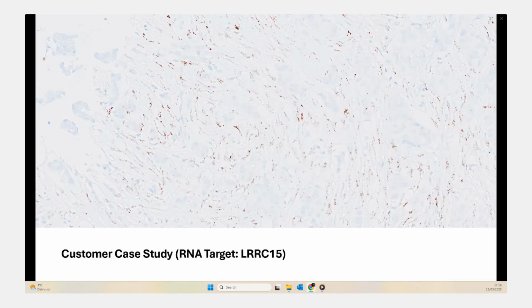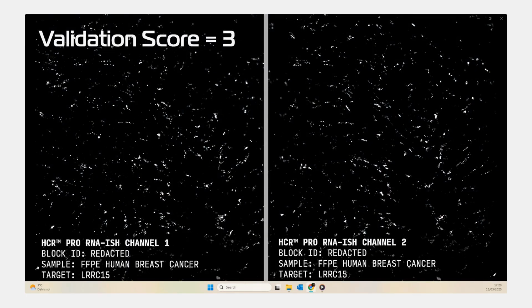And we had a user who ordered a probe that targeted LRRC15, which is found to be highly expressed in tumor stroma. And we were asked to validate this probe on the tissue samples that he provided. And we were able to validate the probe set on all of the tissue sample types that he provided.